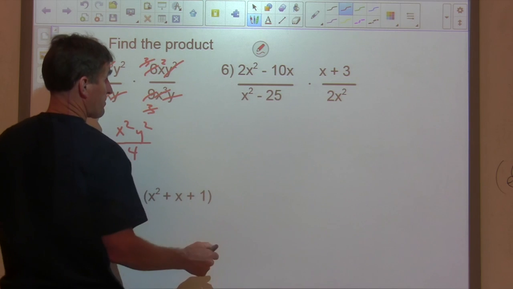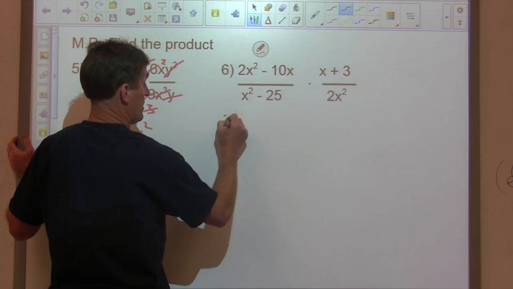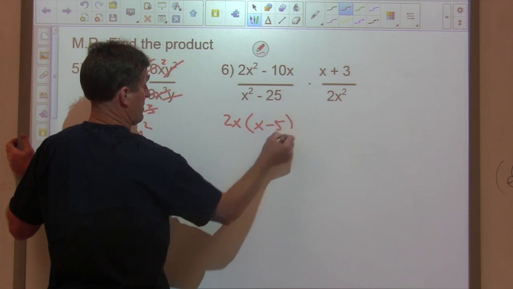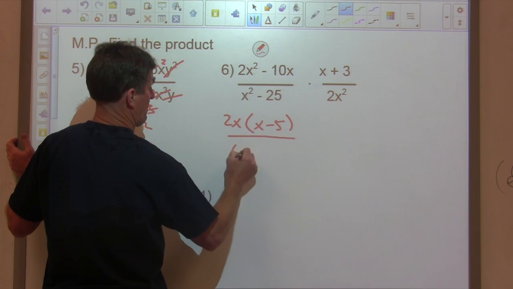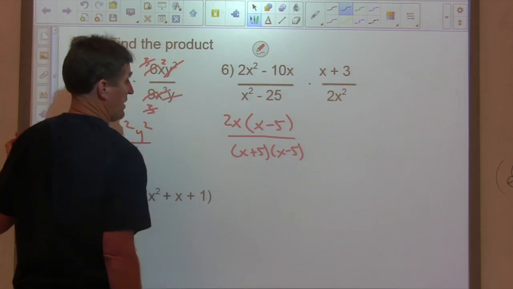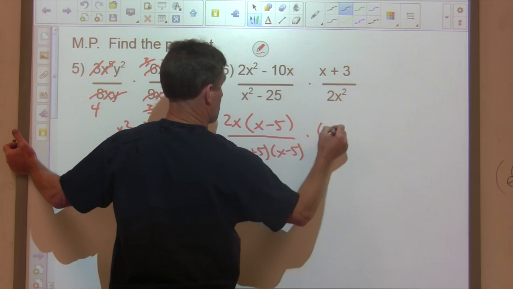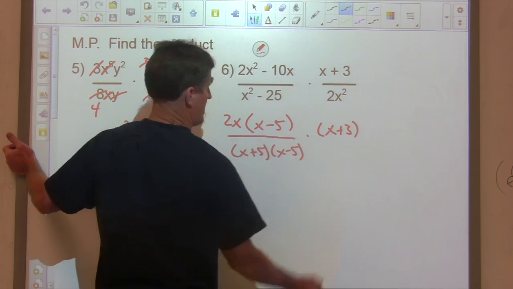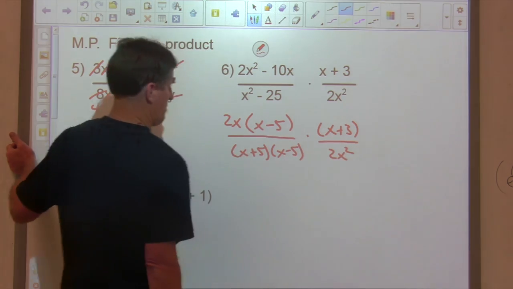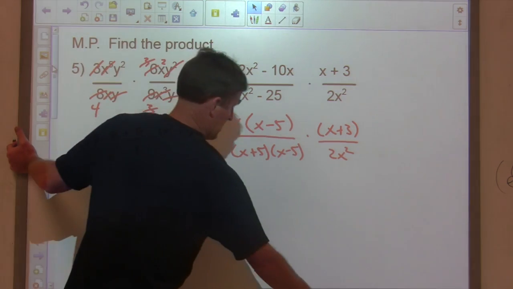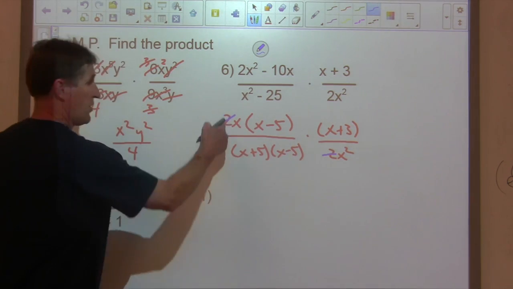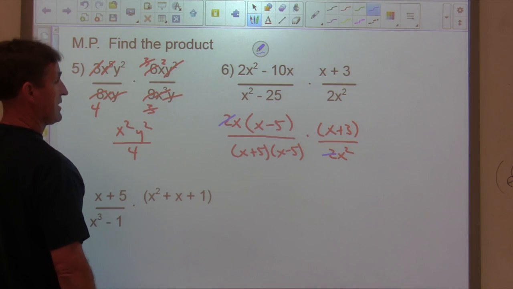On this one, I'm going to factor the top, 2x, pull out the greatest common factor, and that gives me x minus 5. X squared minus 25 factors into x plus 5, x minus 5. Can't factor x plus 3, so I'm going to put that in parentheses. And then I can't factor 2x squared. Cancel like factors. I have a 2. Again, I can do that because nothing's added or subtracted to it.